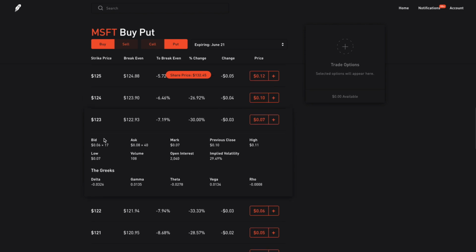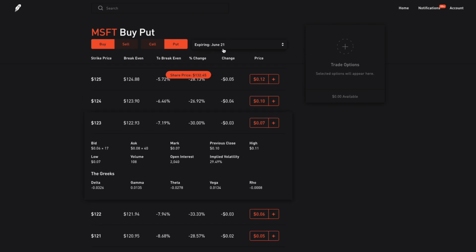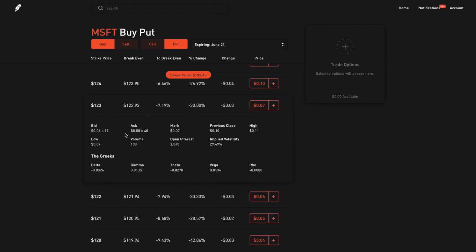If your expiration is the 21st, and today's the 15th, so it's expiring in 6 days, your bid and ask are going to look a lot different. Yes, you still have a tight bid and ask. However, the Greeks are very low. So for every dollar, you're only going to make $3. It's really not worth it. Yes, you only pay $7 for that option, but is it really worth risking $7 for a $3 profit?